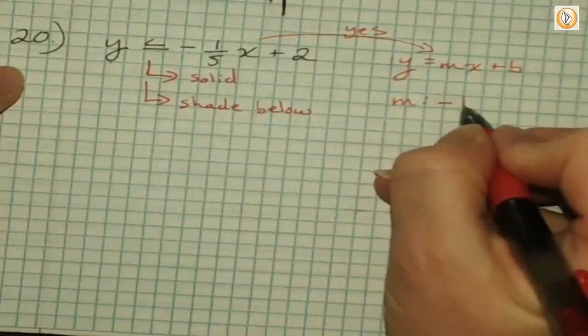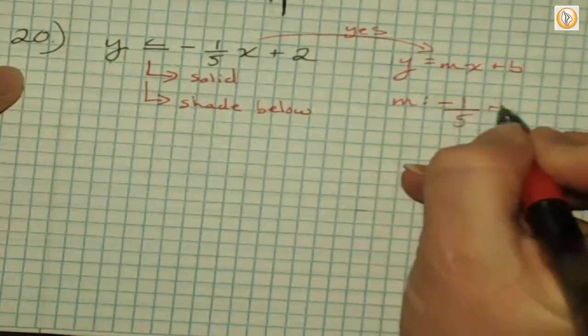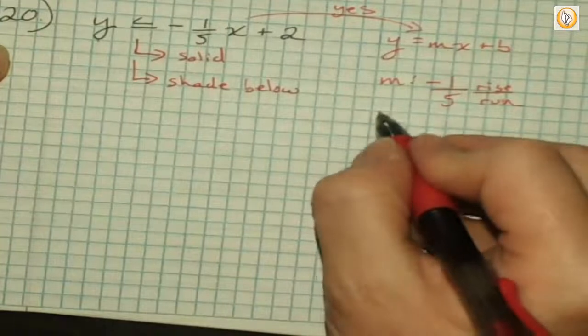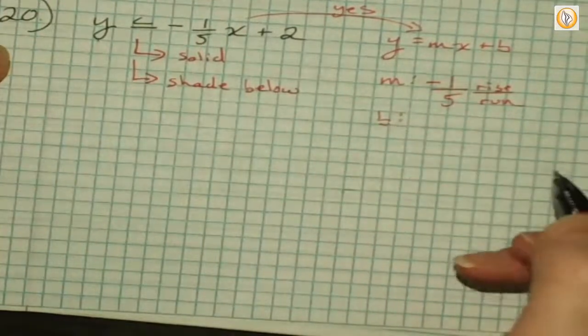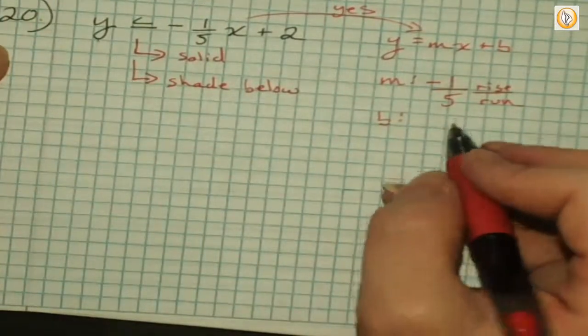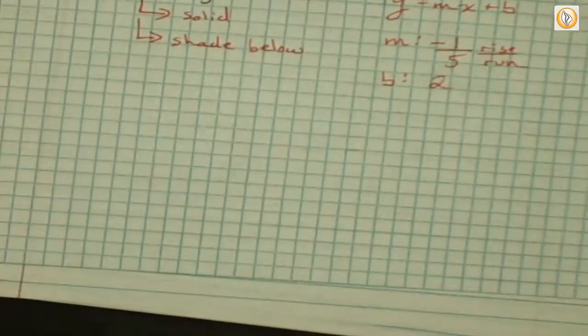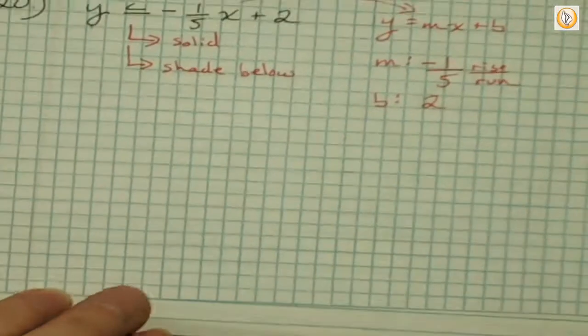Very good. We're going to say -1/5. That's my rise over run. And then what is my y-intercept, Cecilia? 2. Very good. Now, boys and girls, we can graph.